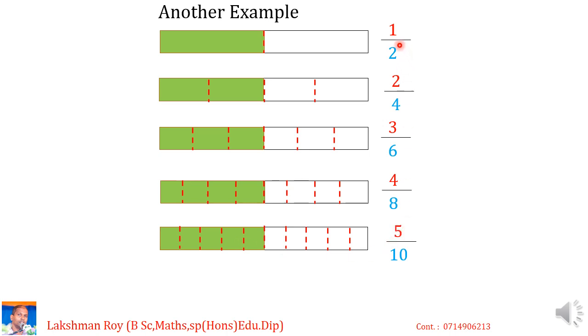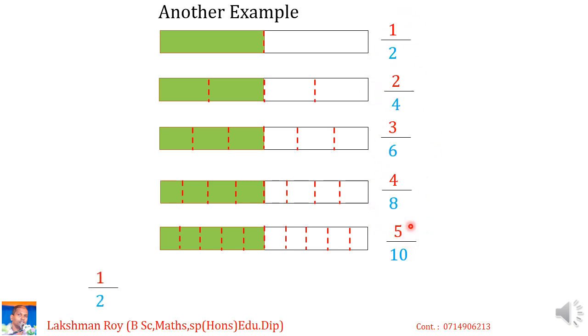So every fraction represents the colored portion, and you can see here that the colored portion is the same in each figure. That means the fractions representing this colored portion should be equal.